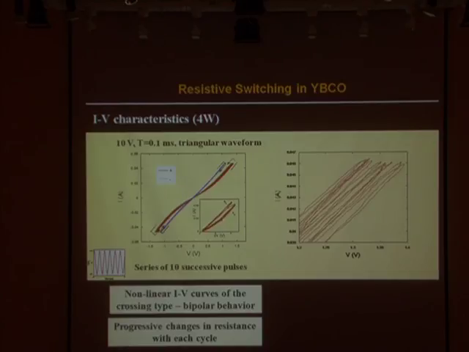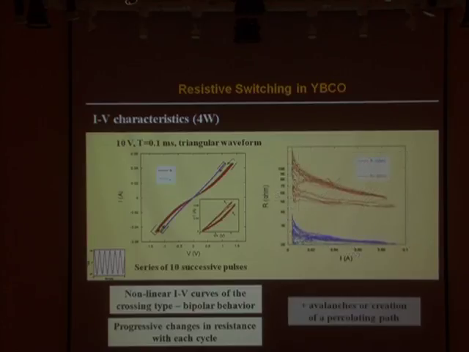What you observe are non-linear IV curves of the crossing type, and this is a bipolar behavior. If you zoom into this part, you can observe a progressive change in resistance with each cycle, similar to what I showed you before.